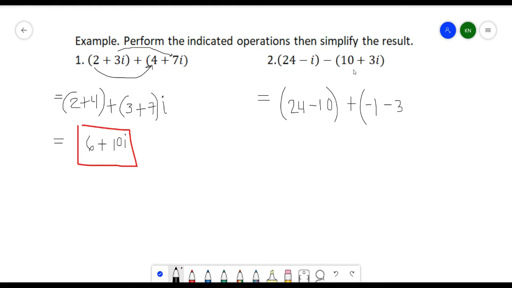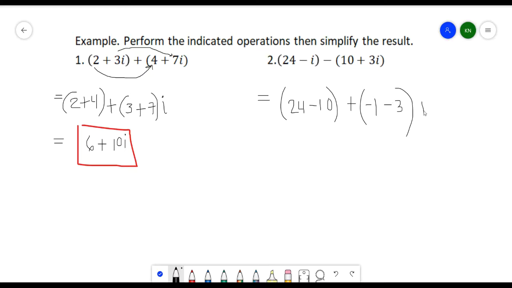Why minus 3 when in fact this is plus 3? Since we used subtraction here, we need to reverse the sign of our 3, because negative times positive is negative, right?